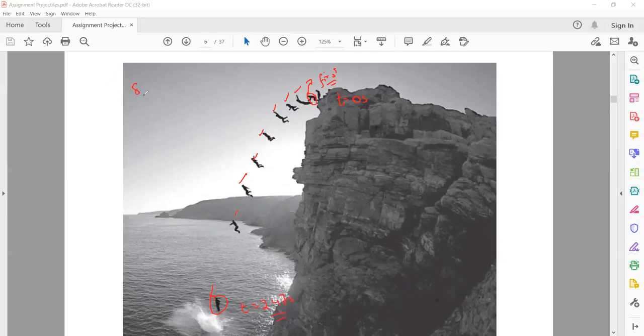So if 8 pictures are taken in 2.47 seconds, in 1 second how many pictures are there? X. Cross multiply, so it will be 8 divided by 2.47, which is 3.2 pictures taken per second. Is it clear?